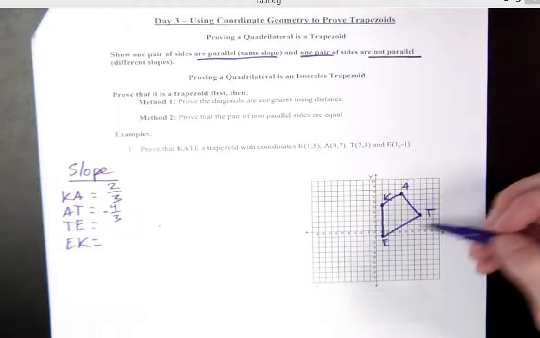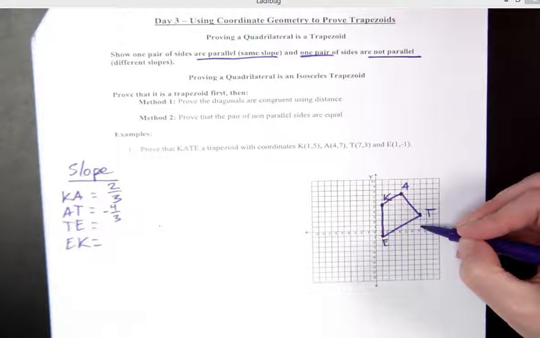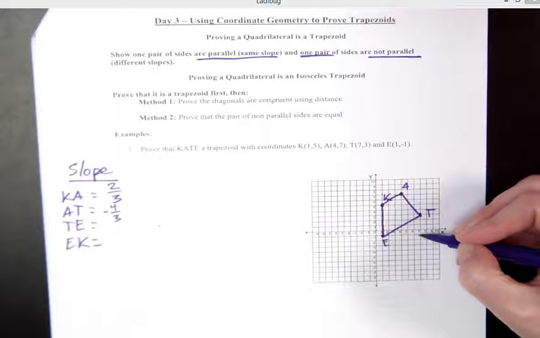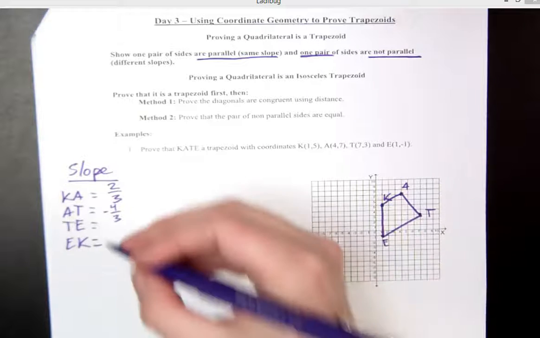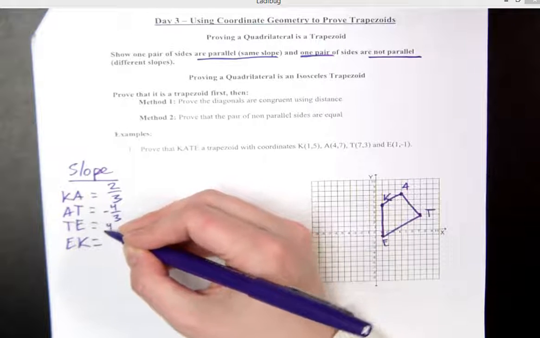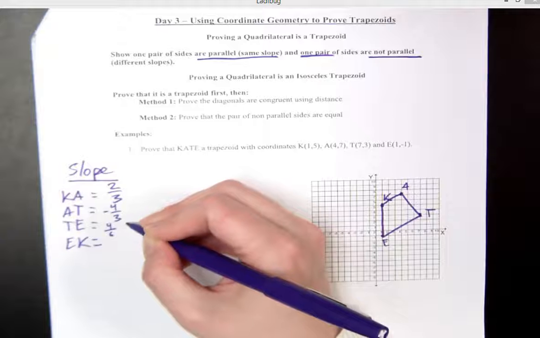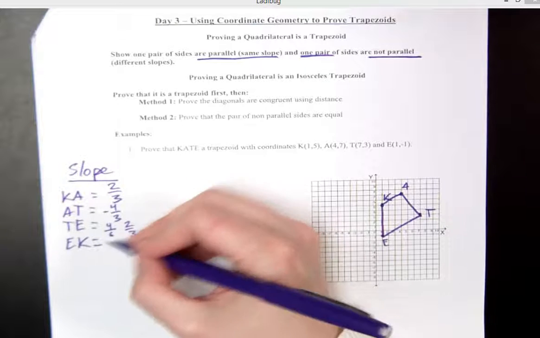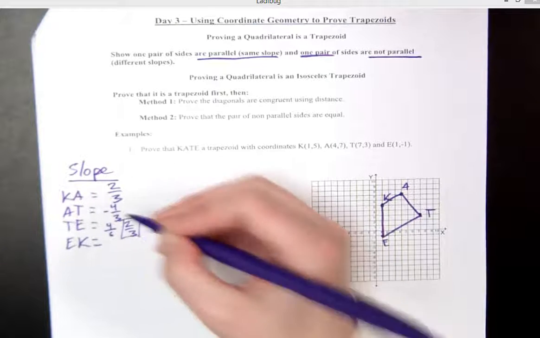How about T to E? Yeah, 2/3. And the unreduced I'm going to put there was 4 over 6, which reduces to 2/3. Because when we find distance, we use unreduced.